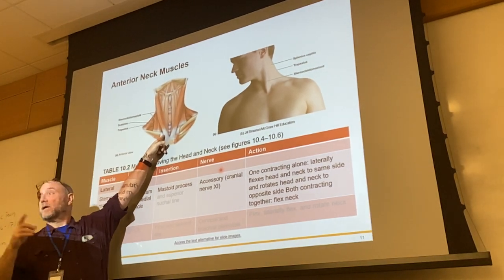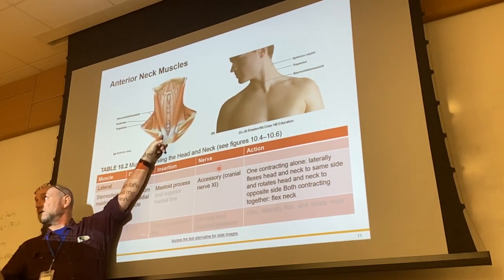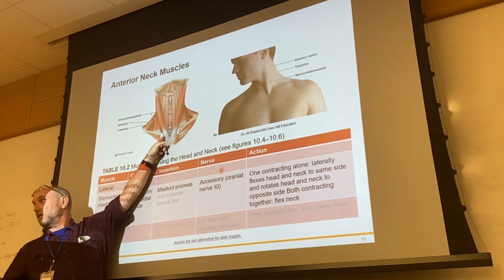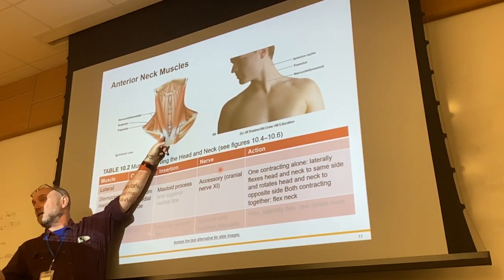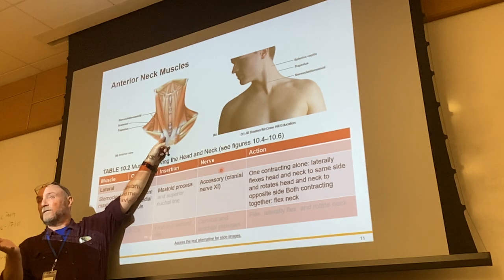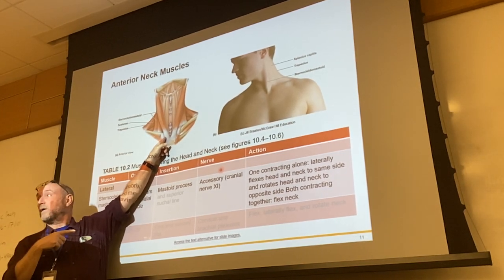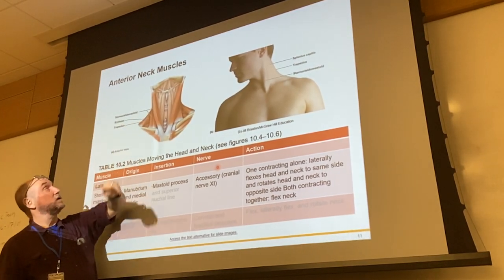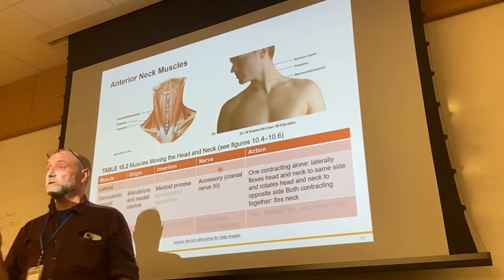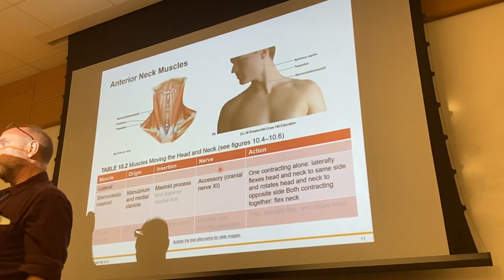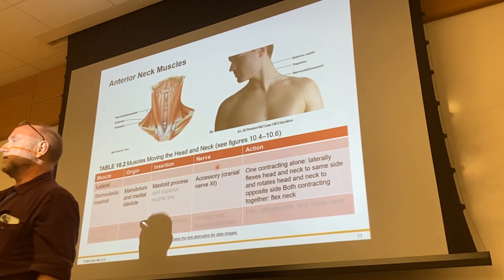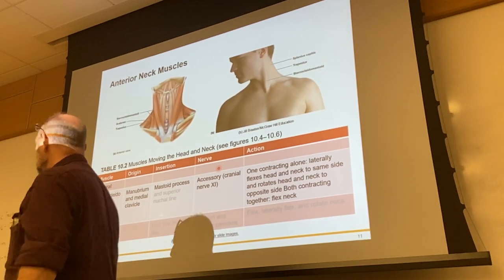Now, according to those rules, this is inferior, the sternum and the clavicle. This is not lateral, but it's definitely inferior. And this is the origin. According to the rules, the mastoid process, which is superior and lateral, should be the origin. Right here, it is the insertion in this muscle.